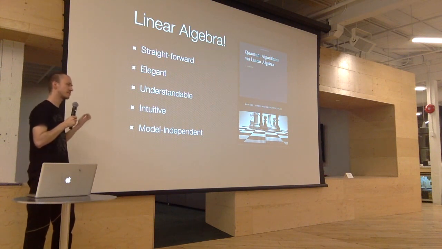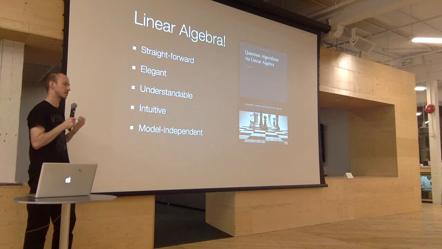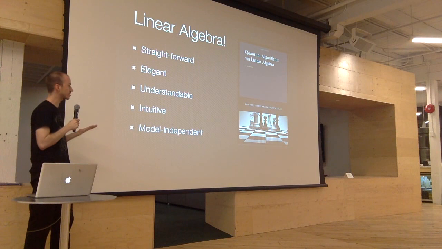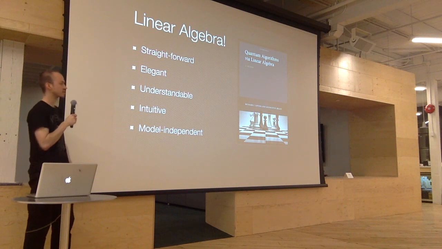Even if it's proven that we can't implement them on a physical machine, they're still interesting from a mathematical perspective, because they used to be intractable problems that we thought could never be solved, and now we have, at least mathematically, algorithms that can solve these problems.